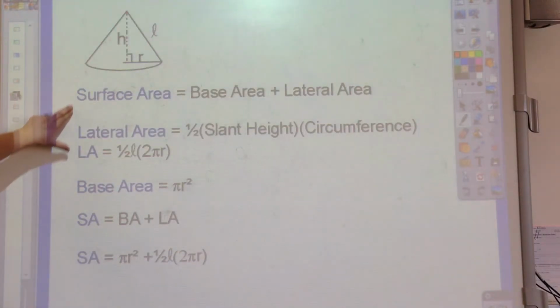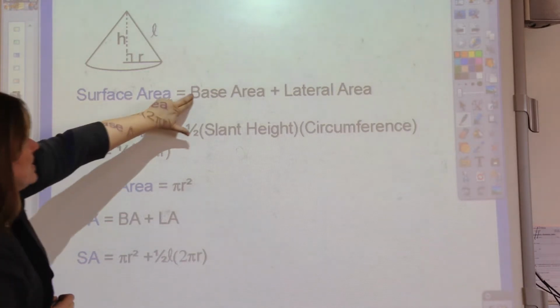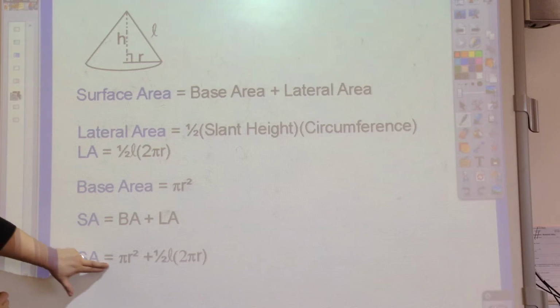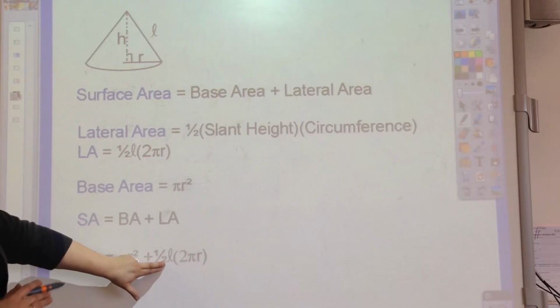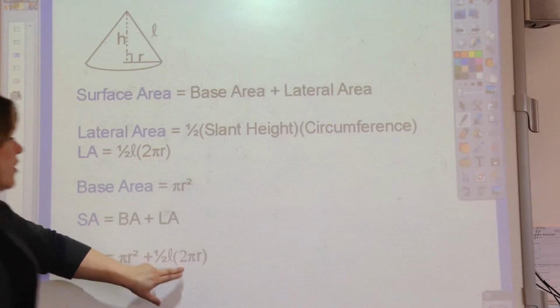So, let's look at the surface area of a cone. We've got base area plus lateral area. So I'm going to come down here. I have my base. I have one circle, pi r squared. And then the lateral area ends up being 1/2 times the slant height times your circumference, or 2 pi r.